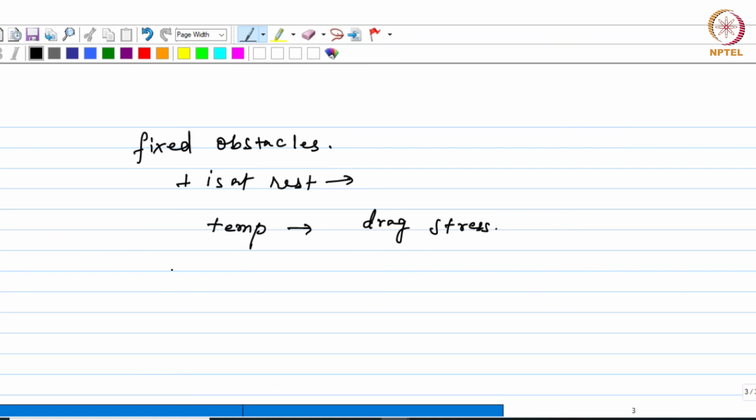And this can be shown with a plot like this. If you plot the dislocation velocity V with the drag stress, it will vary something like this.